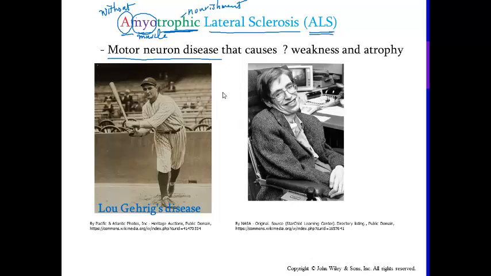Remember, I'm going to draw out, for instance, a human in my simplified form. Remember, upper motor neuron travels all the way down and reaches the lower motor neuron, and then it controls the skeletal muscles. Now, this is a disease where the upper motor neurons, a lot of times, actually end up not working well.